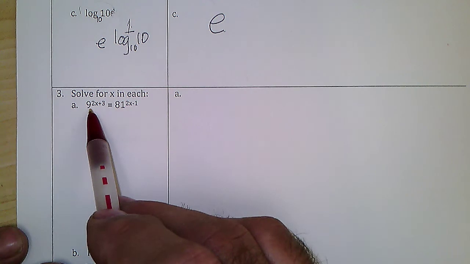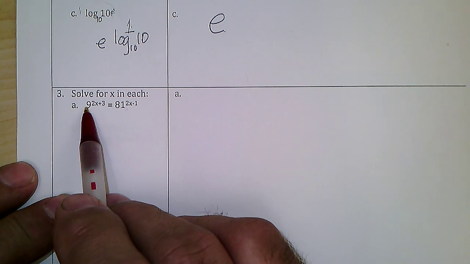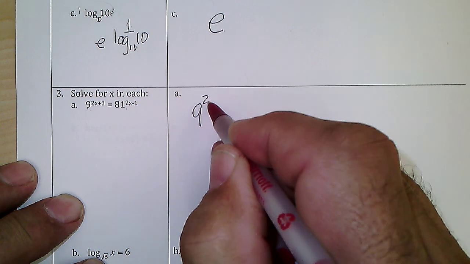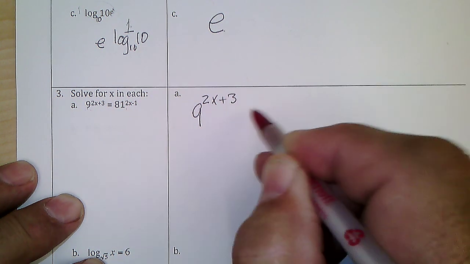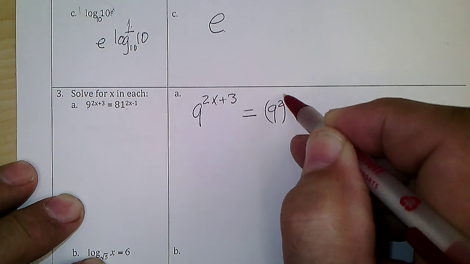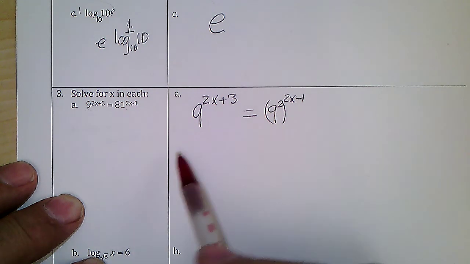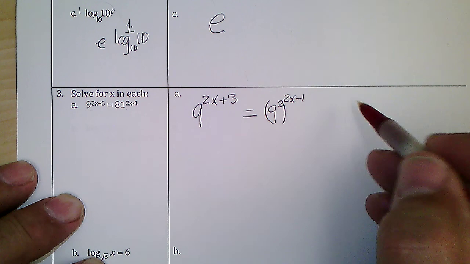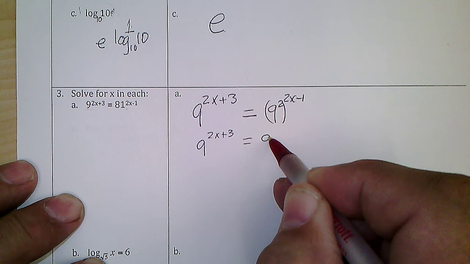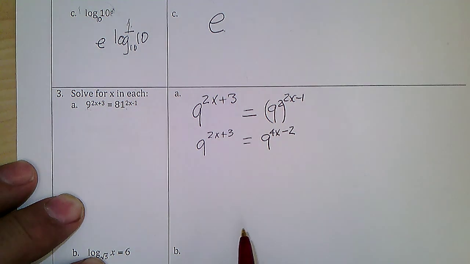Solve for x in this. Well, 9 and 81, I could go to base 3, but 81 is just 9 squared. So I could say 9 to the 2x plus 3 is equal to 9 squared, 81, to the 2x minus 1. And here I'd multiply the powers, and I would get 9 to the 2x plus 3 equals 9 to the 4x minus 2.